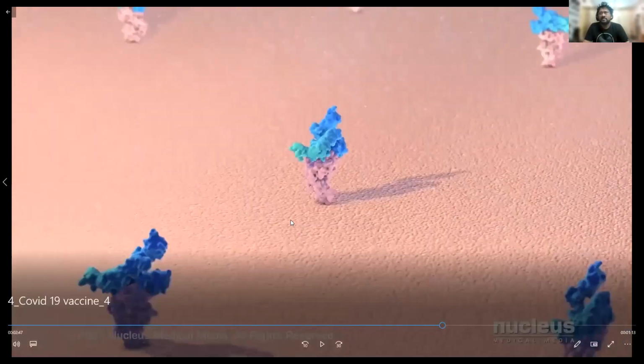These will not be entering into the cell. That's what we have to remember.